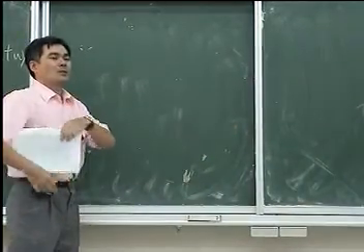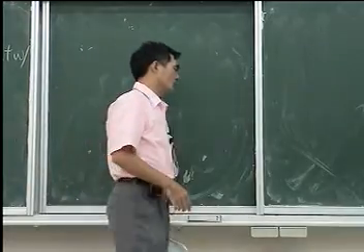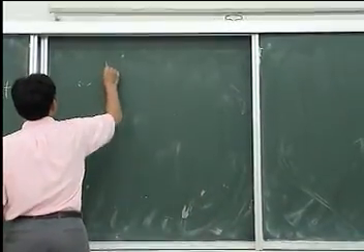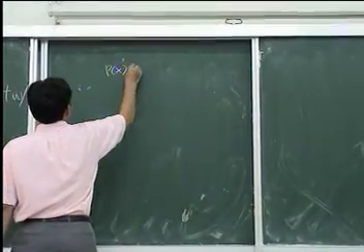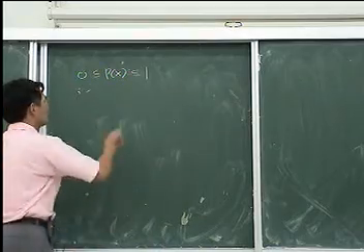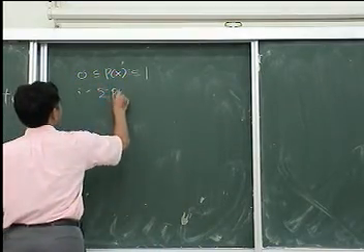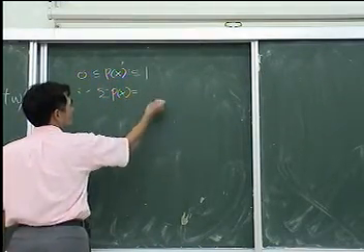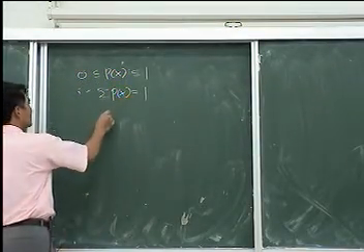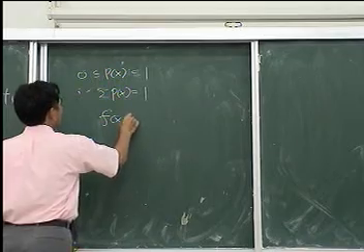Okay, because now we talk about two variables. If we have only p(x), it will be between 0 and 1, and the summation of p(x) is equal to 1. But now we have two variables, so let us say we use f(x, y).